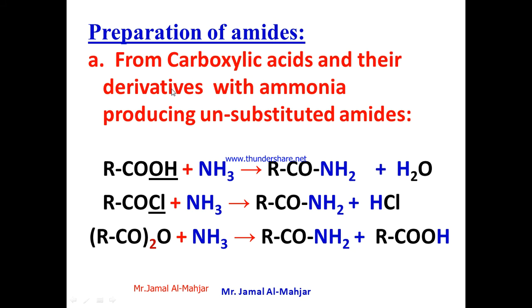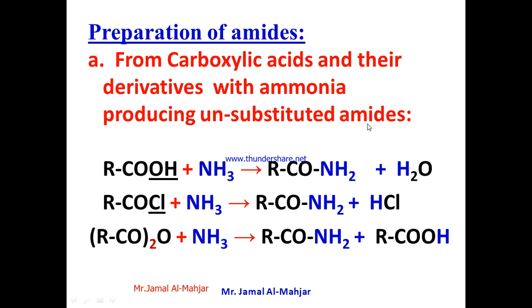So from carboxylic acid and their derivatives. What does it mean, their derivatives? I mean acid chloride or acid anhydride. They are called the derivatives of carboxylic acid. So the amides are prepared from the carboxylic acid and their derivatives with ammonia, producing unsubstituted amide.